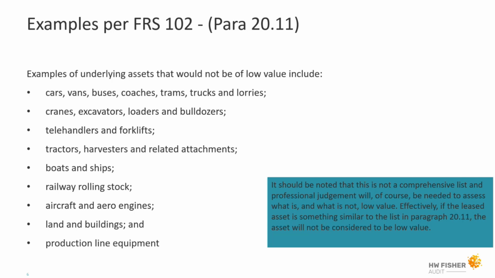So if you're a £100 million business, potentially a car or a van may be immaterial in the grand scheme of things on the balance sheet, and therefore considered a low value.